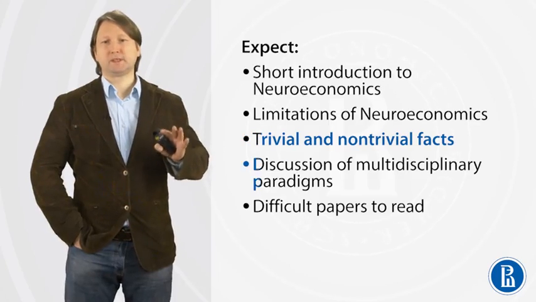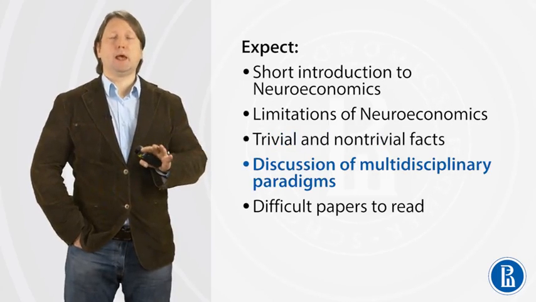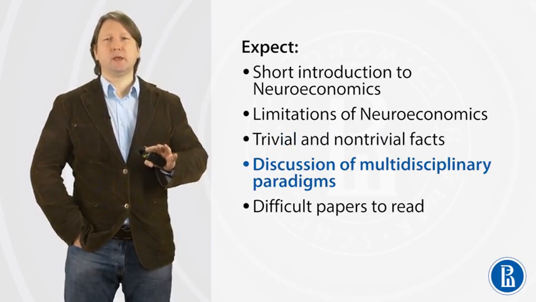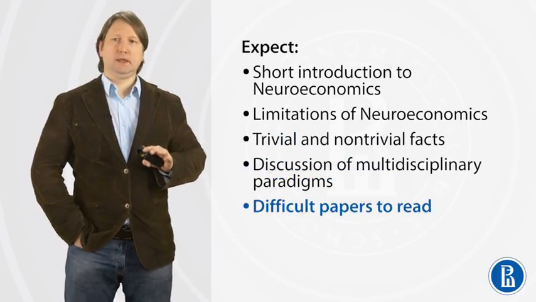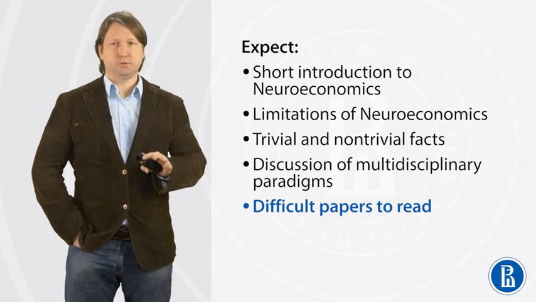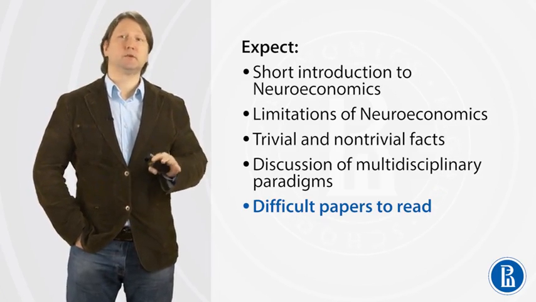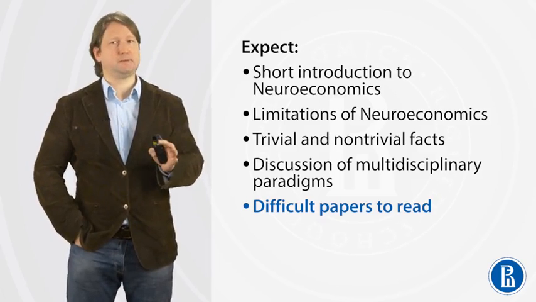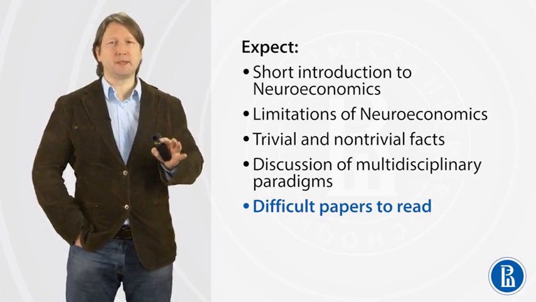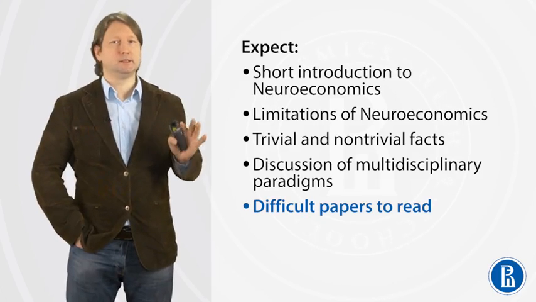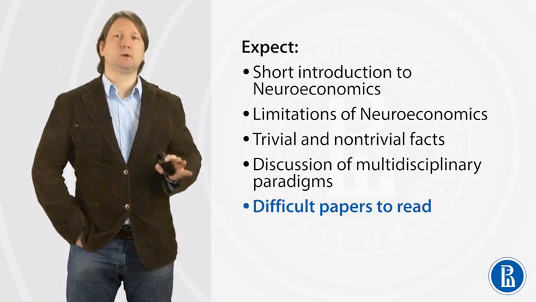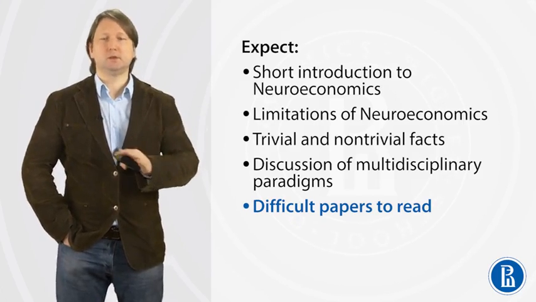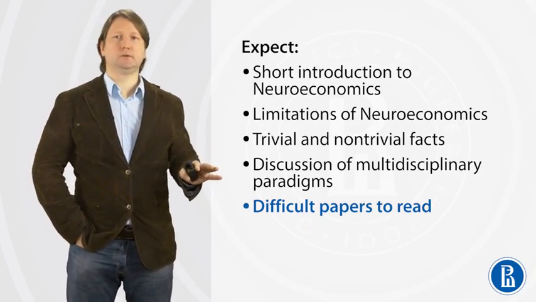We will discuss various paradigms, and we will also focus on quite difficult papers. Be prepared that the majority of neuroeconomics papers are written by neuroscientists, and they use quite specific language. It can be quite complicated and have a lot of technical details, so be prepared to read quite complex papers. Please do not expect a unified theory of neuroeconomics.